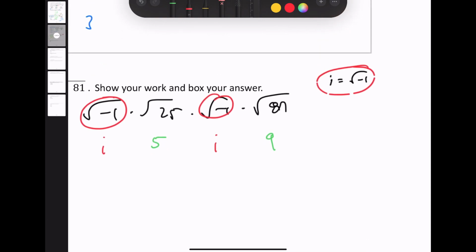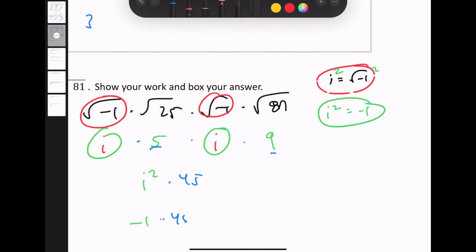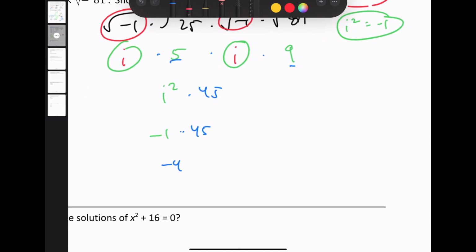And then if you square this, you get i squared equals -1. So i times i is i squared, and i squared is -1. 45 times -1, so your answer is going to be -45.